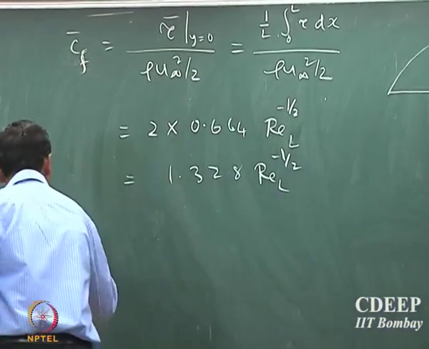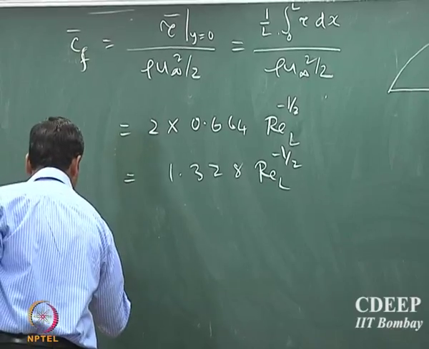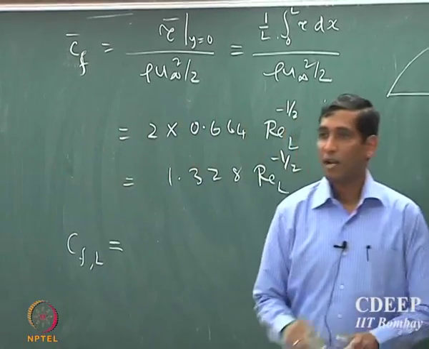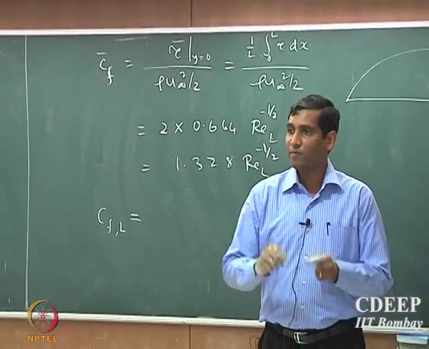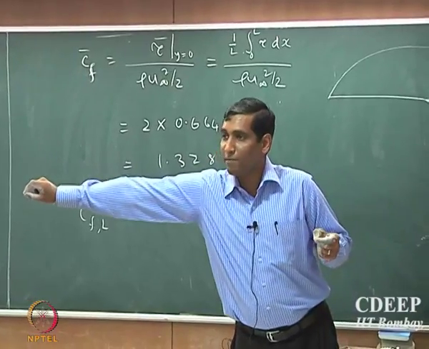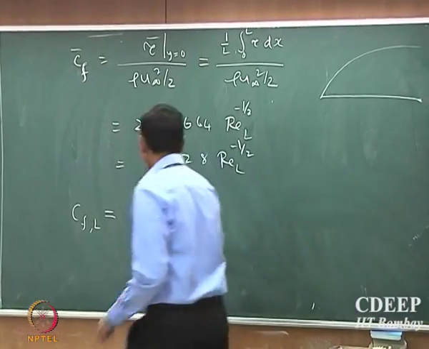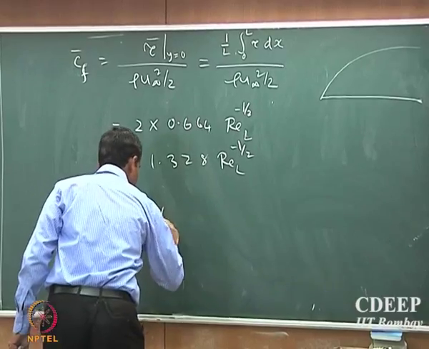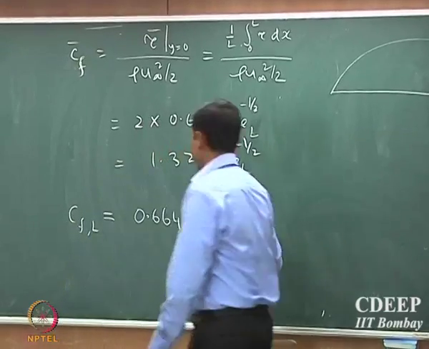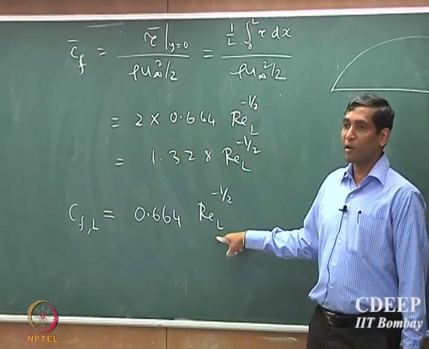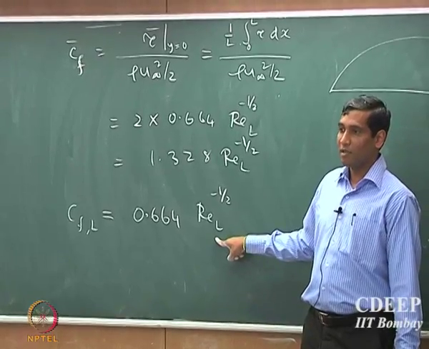So if I find the friction coefficient at length L, okay, so that is the local friction coefficient at the end of the plate. Okay, so that will be 0.664 into Reynolds number based on the length of the plate to the power of minus 1 by 2.